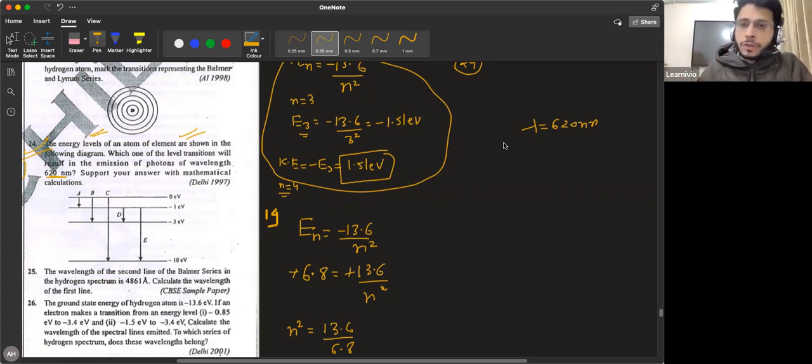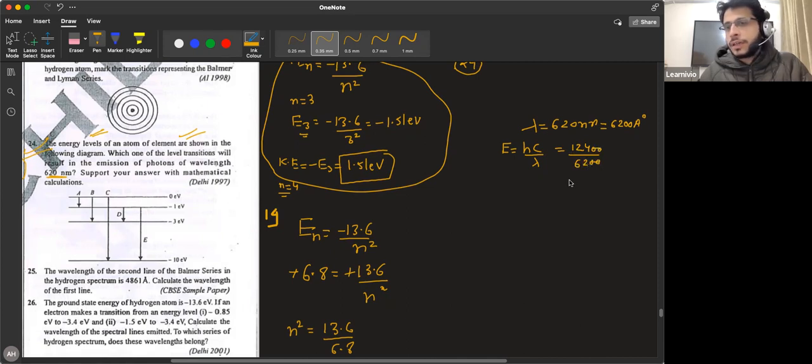So calculate the energy corresponding to this wavelength, which is simply hc by lambda. It would be better if you convert this lambda into angstrom, which will be 6200 angstrom. Just put all values. hc is 12400, lambda is 6200. So this and this get cancelled out, and it comes out to be 2 electron volt.